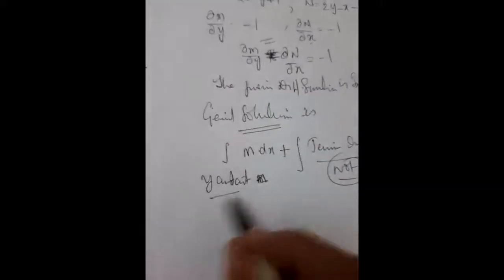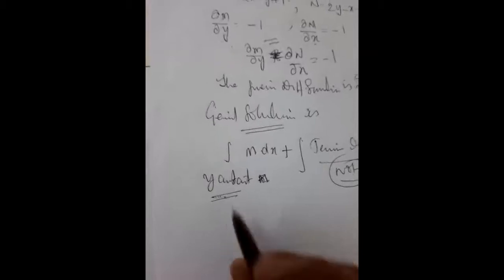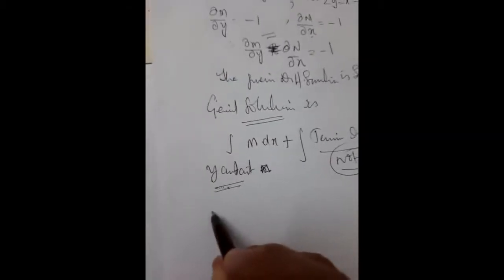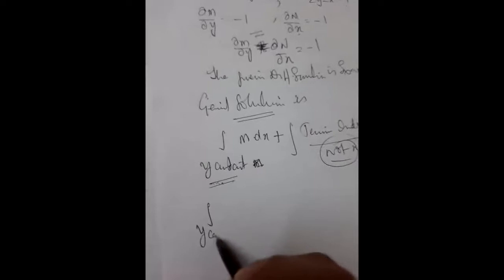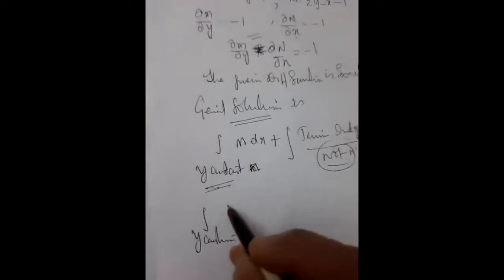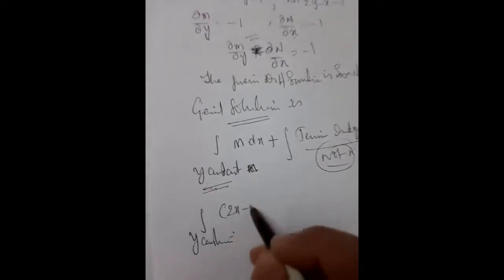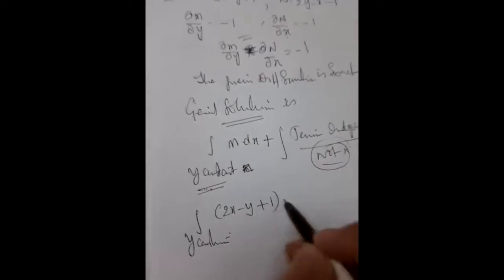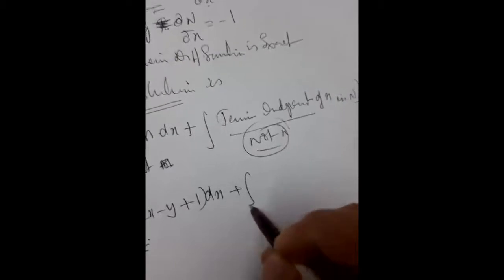So here you have to keep y as constant. So what is your M? M is 2x minus y plus 1, dx, plus the integral of the terms not containing x.